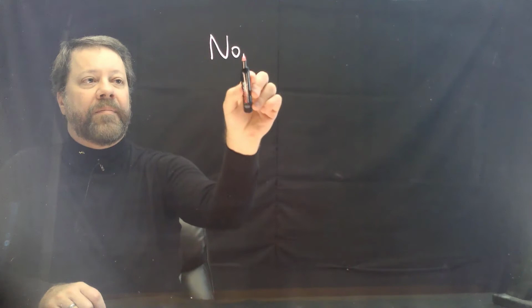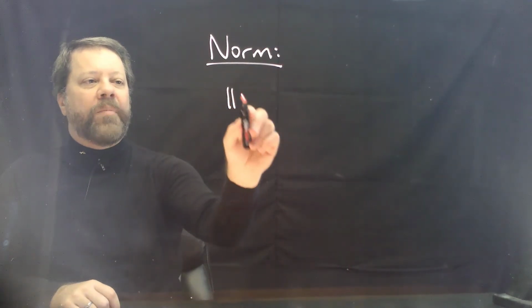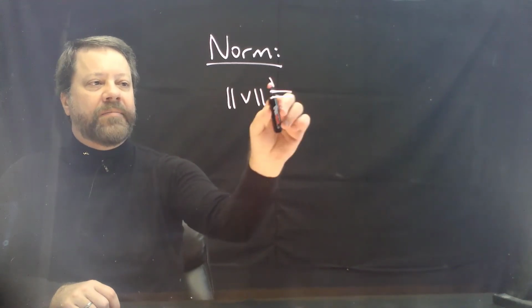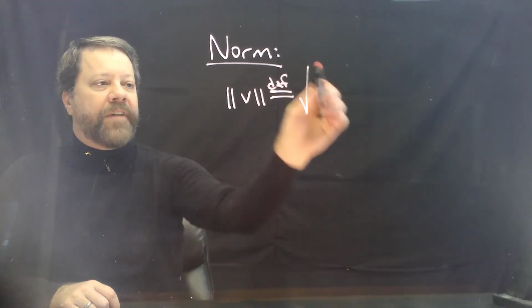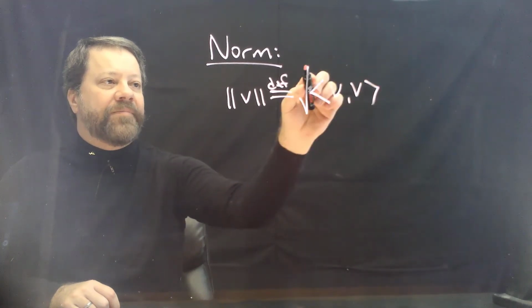Every inner product gives rise to a norm. The norm that comes from an inner product will be defined to be the square root of the inner product of the vector with itself.